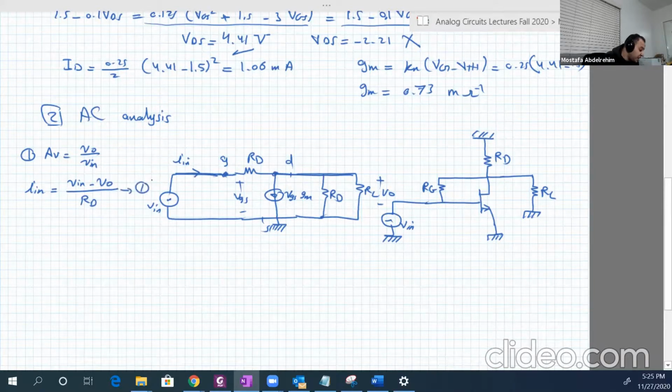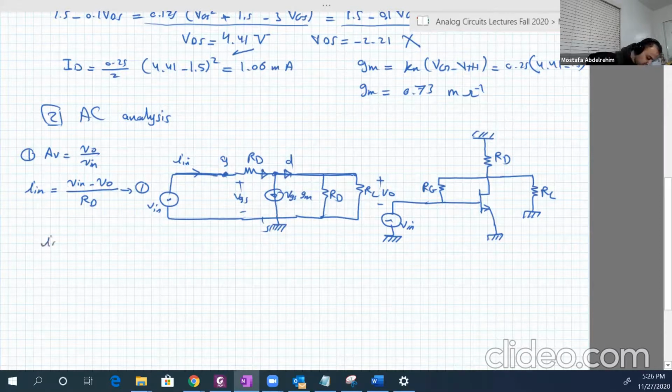Another equation here is the voltage of VO. So this I input comes here and has two branches. One component goes to that branch and another component with VGS GM.